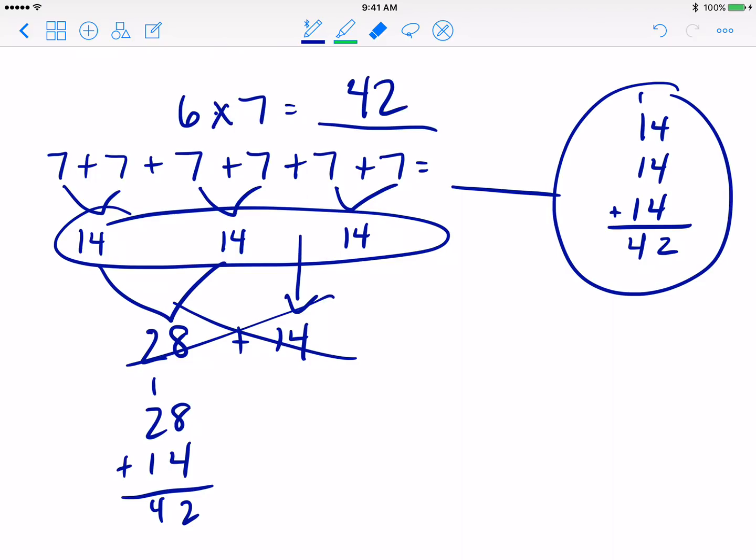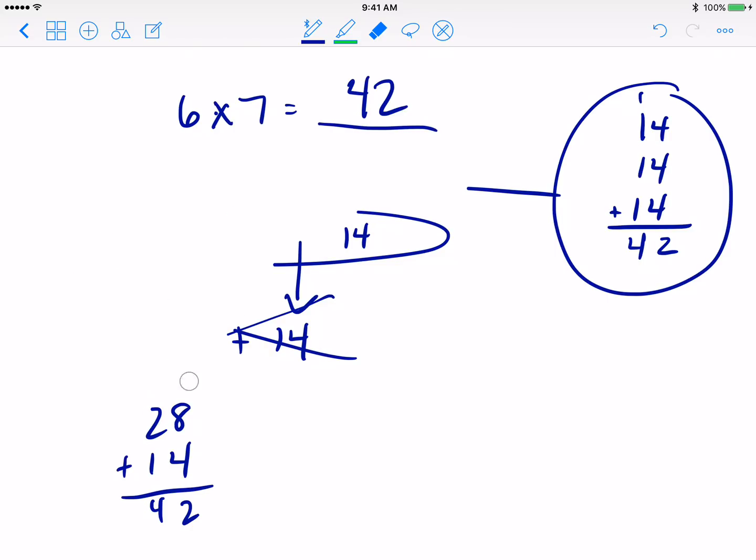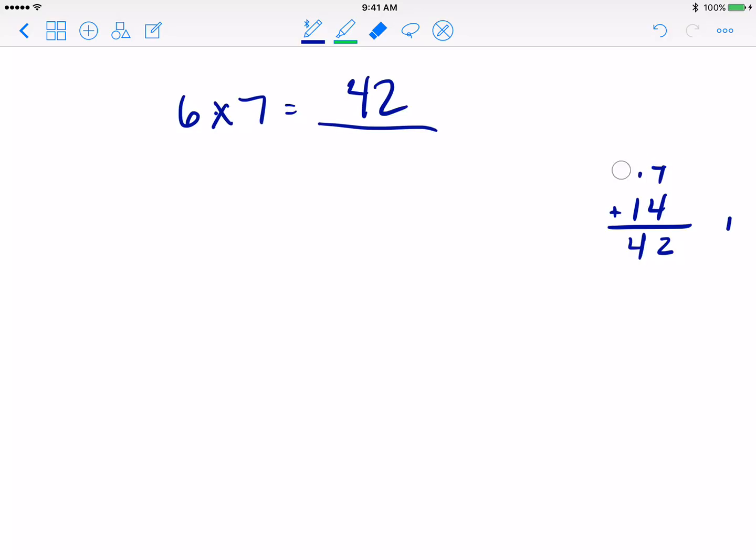If you did it the other way, if you wanted to add 6 7 times, which is totally okay, let me show you just what to be careful about, because this can get confusing. If you wanted to add 7 6s, 1, 2, 3.